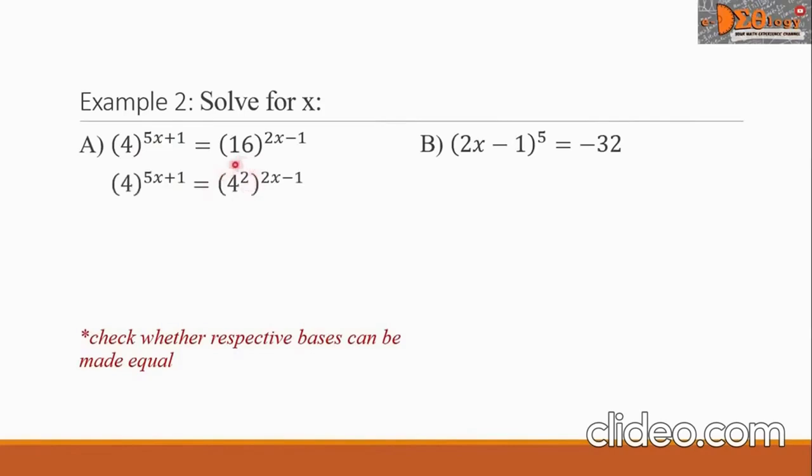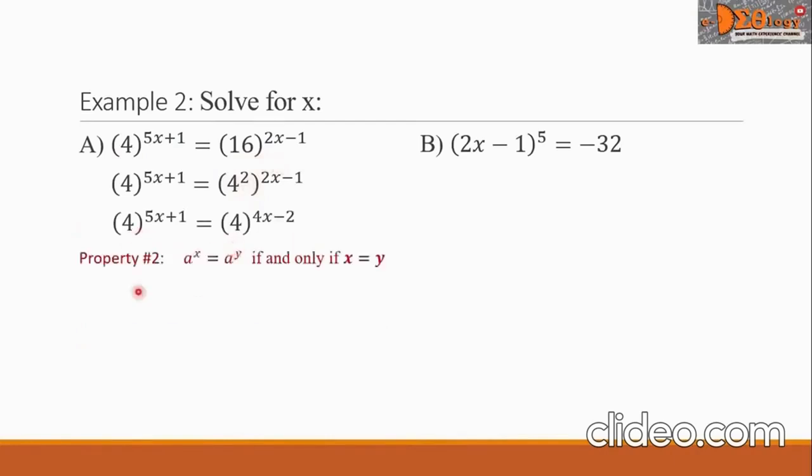And the power 2 here, we can multiply with our exponent outside. So the 2 times 2x becomes 4x. 2 times negative 1 becomes negative 2. On this line, we can see that the bases are now equal.